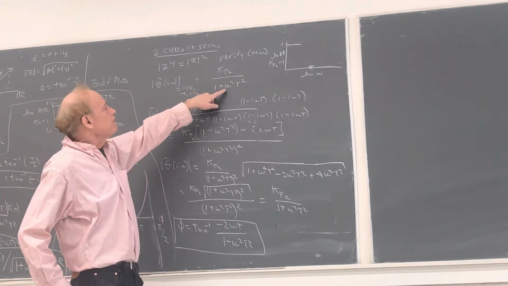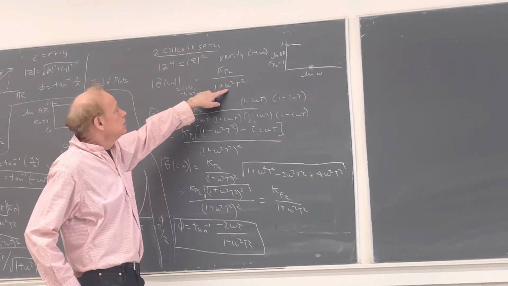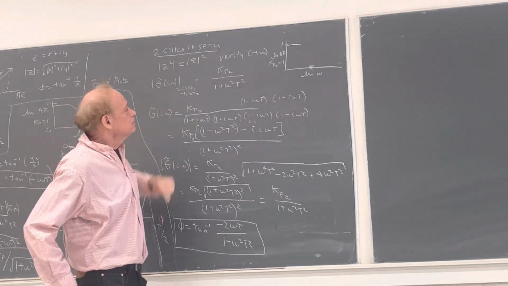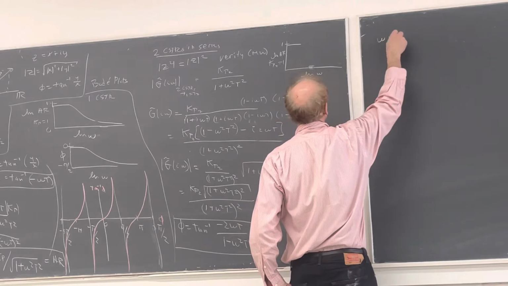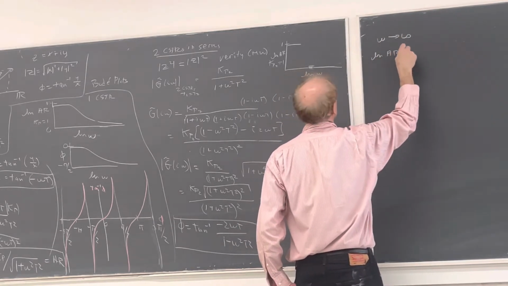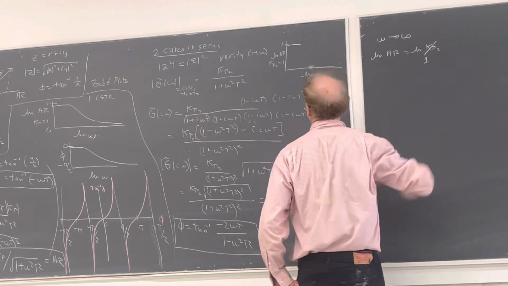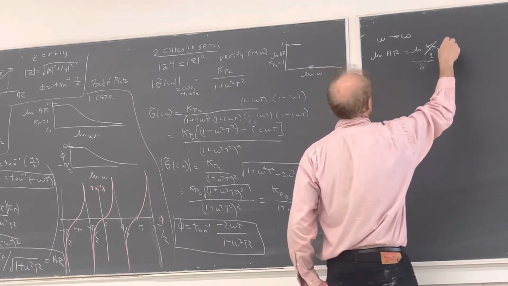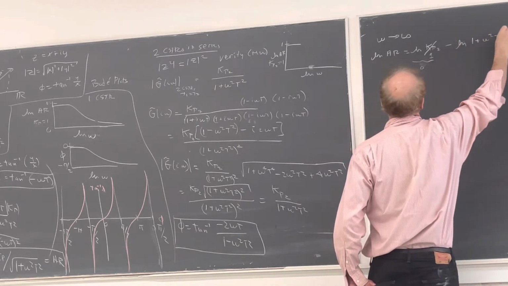So let's look at what happens when omega goes to infinity. When omega gets very large, then I can drop the 1. The log of the amplitude ratio is equal to the log of Kp squared, which we said we're just going to ignore since it equals 1, so this is 0, minus the log of 1 plus omega squared t squared.